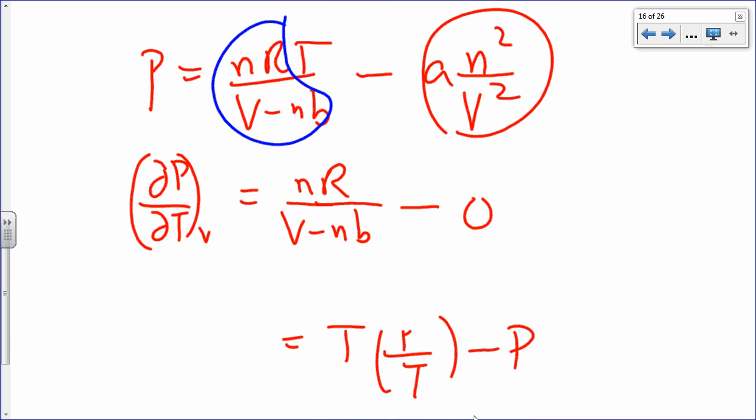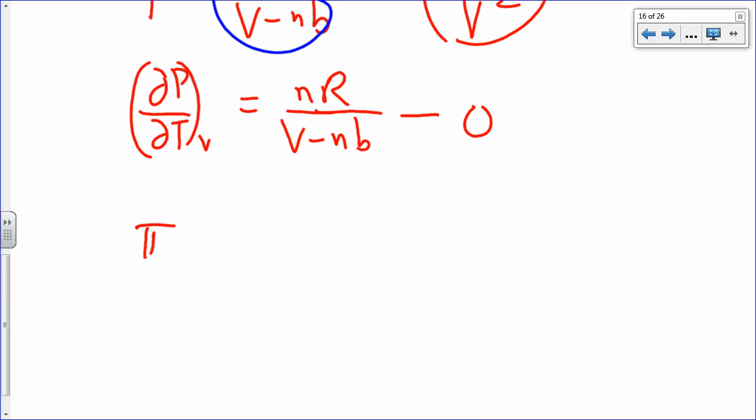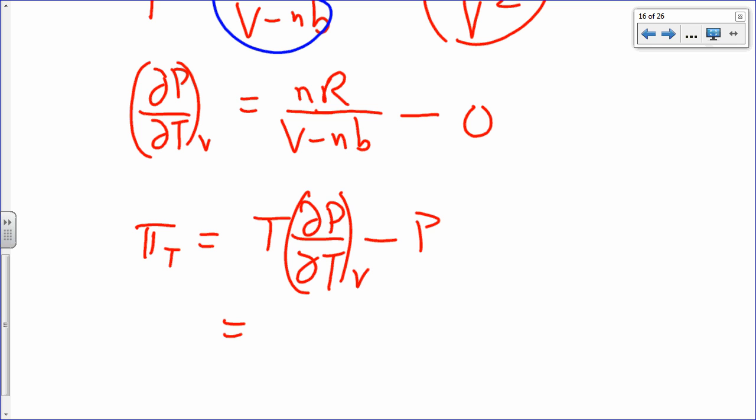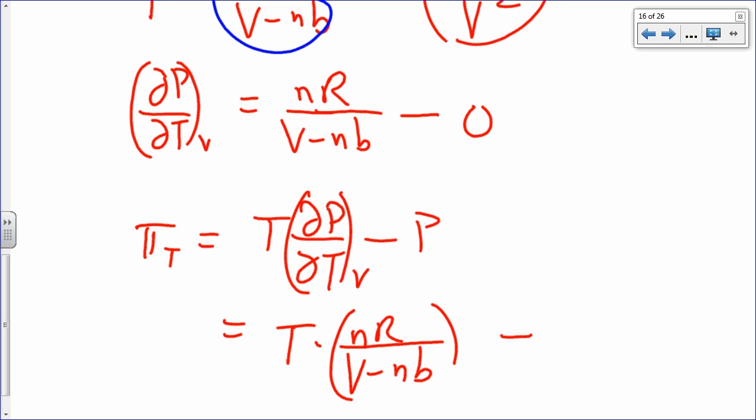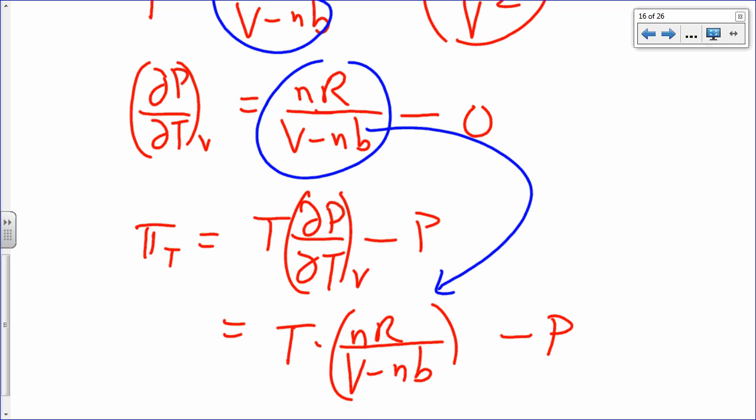So now let's do pi sub T for a van der Waals gas. That's pi sub T, the internal pressure. T times partial of P with respect to T at constant volume, minus P. So this is T times nR over V minus nb, minus pressure. See what I did here is I just substituted this for that.